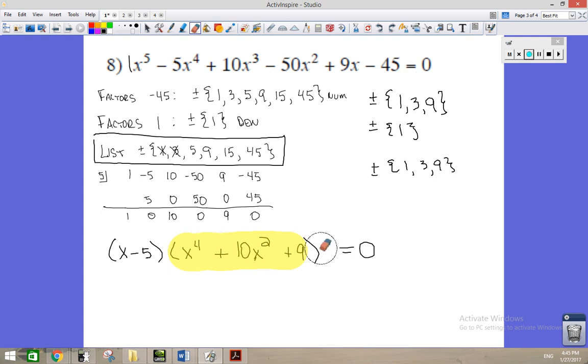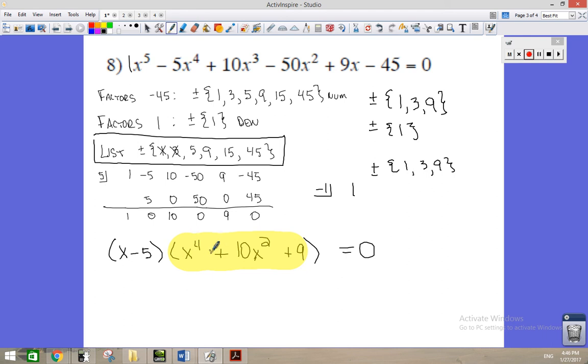This is all positive terms. So I'm not going to bother with positive numbers in the synthetic division because positive numbers aren't going to add up to 0. I need this factor to be 0 so that 0 times this, x minus 5, is 0. So I need to try negative 1, then negative 3 and negative 9. And like I say, maybe none of them will work, but I suspect that one of them might.